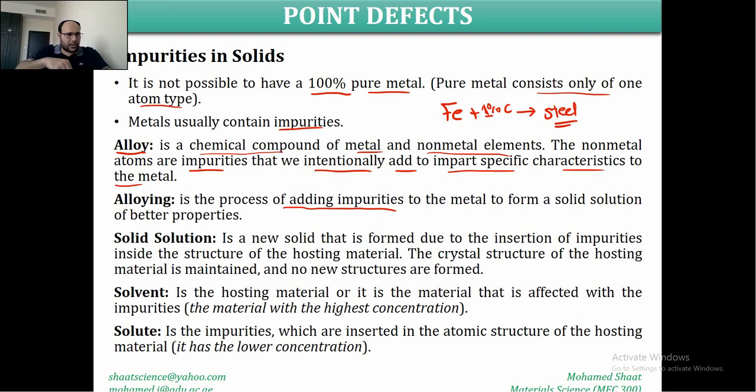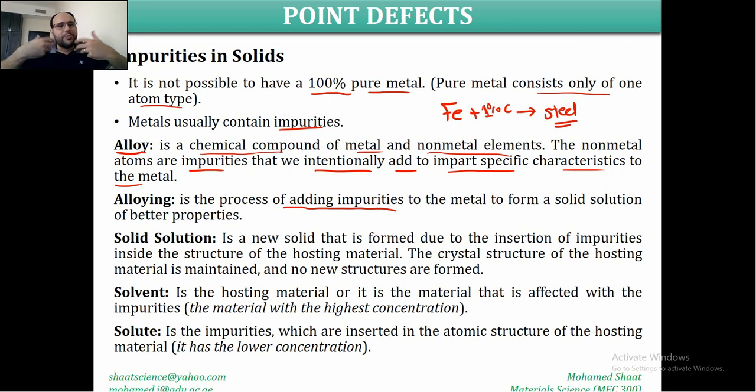While we are adding these chemical things, this carbon and these impurities, there should be some chemical interaction that takes place. This chemical interaction will result in an alloy. So that's why we said that the alloy is a chemical compound. There should be a chemical interaction, and this is what distinguishes an alloy from a composite material, as we discussed before.